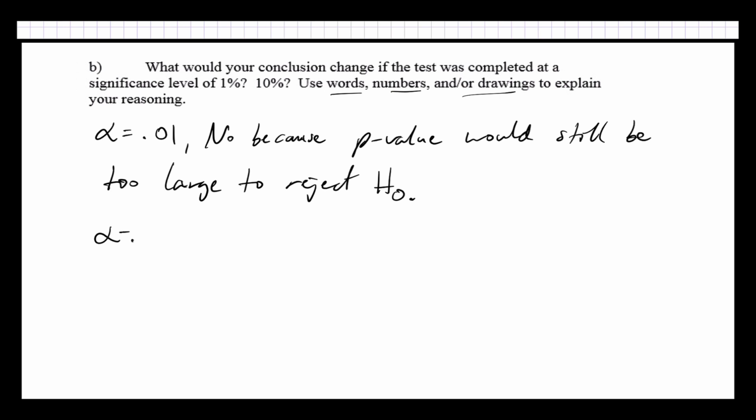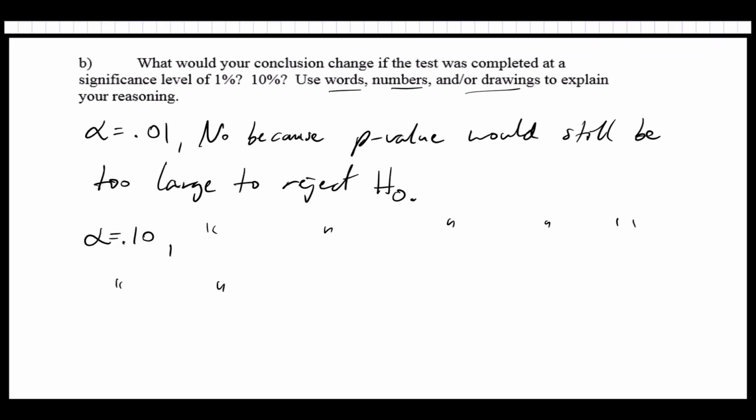Same thing for this one. Same thing for 10%, right? So we can just use quotations to say it's the same thing. It would be the same thing. No, because the p-value would still be too large to reject the null hypothesis.